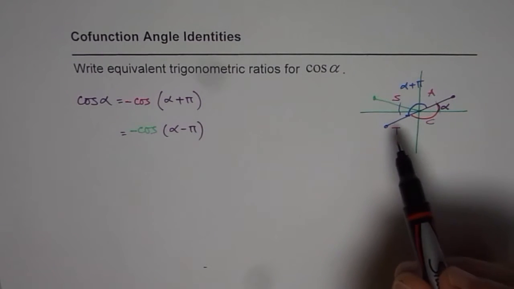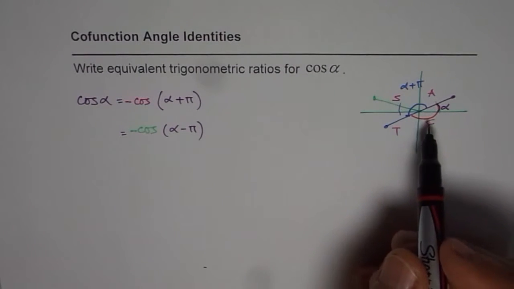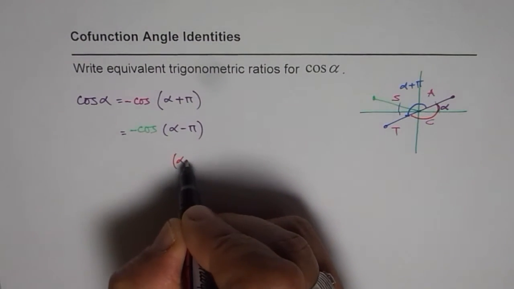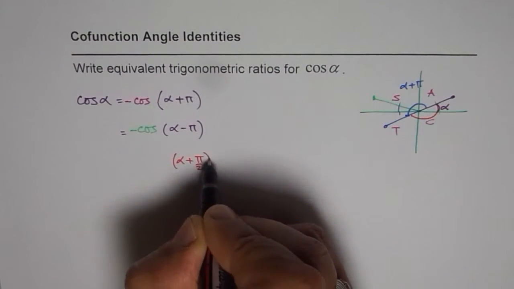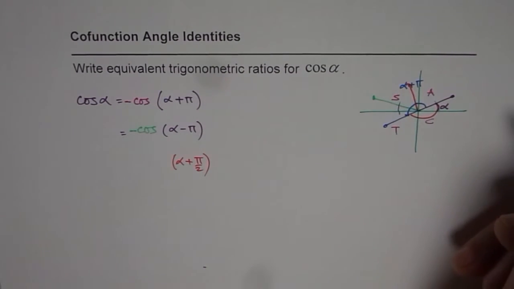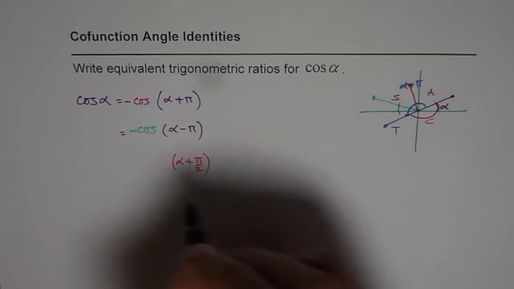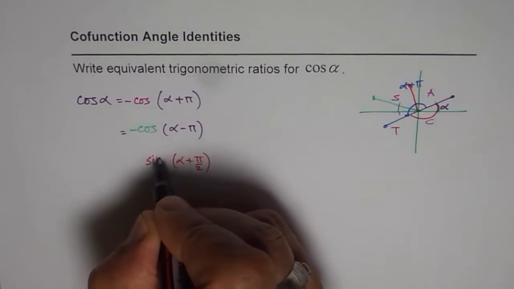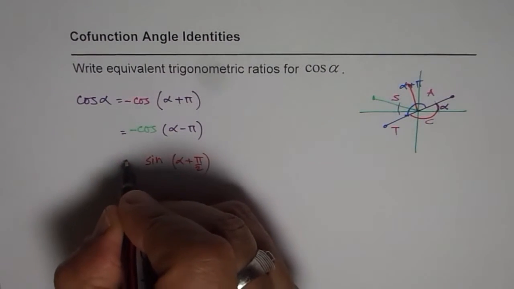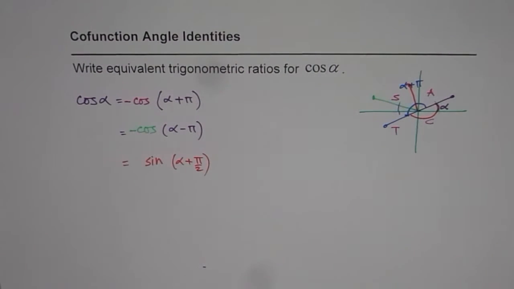Okay. Now let us look into plus pi by 2 and minus pi by 2. That is to say alpha plus pi by 2. So alpha is here, and adding pi by 2 will be somewhere there, right? In that case, it turns out to be sine. In this quadrant, sine is positive, therefore this sign will be positive.